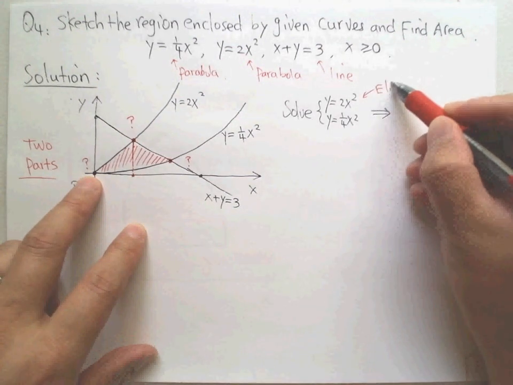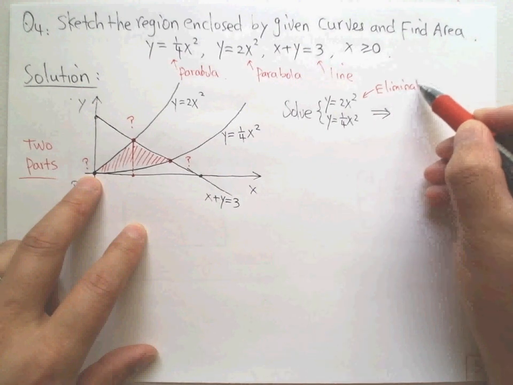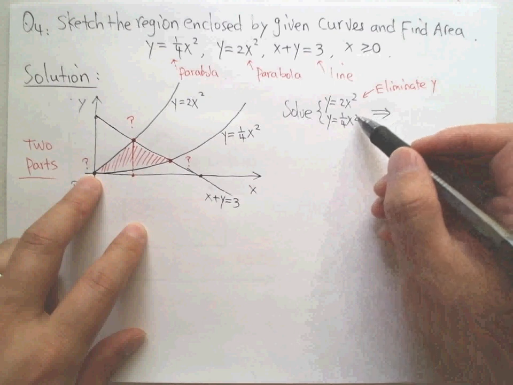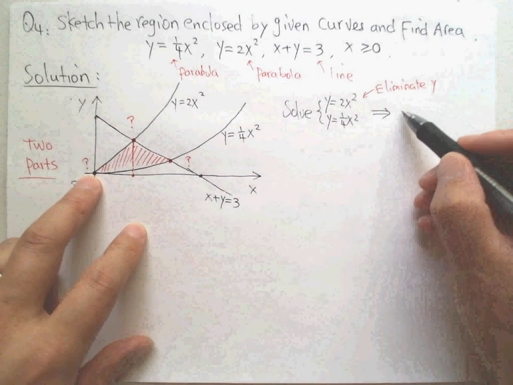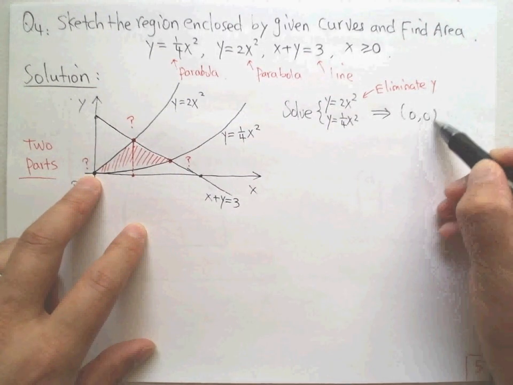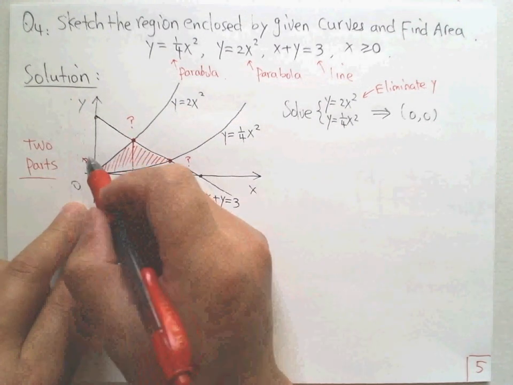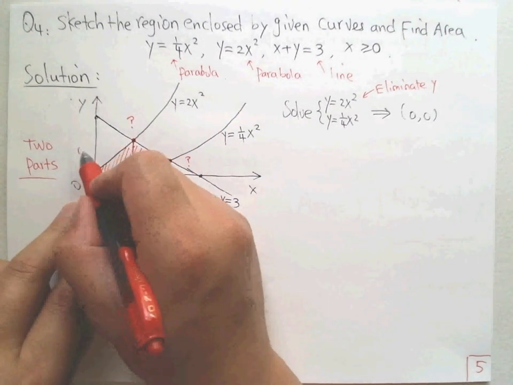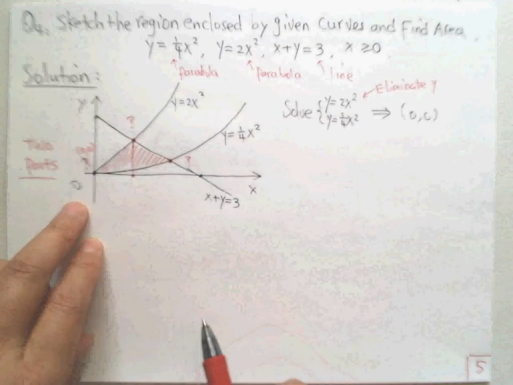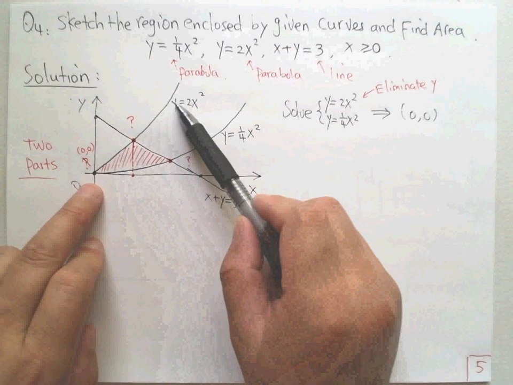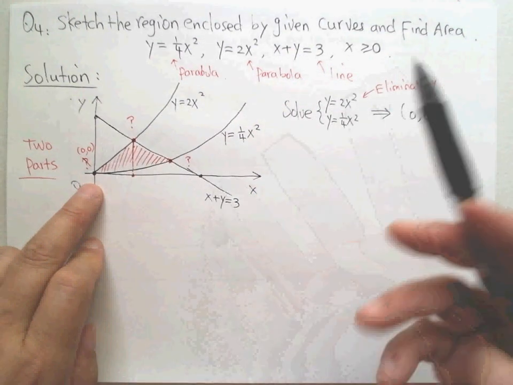How to solve? Still eliminate the y, and then you get x. X is 0. That is, you get y is 0. So here is 0, 0. See, that's why the first I said this is 0, 0, right? Now you know this definitely is the origin.